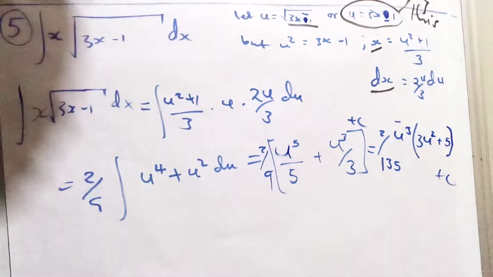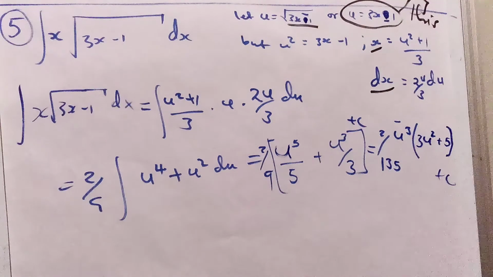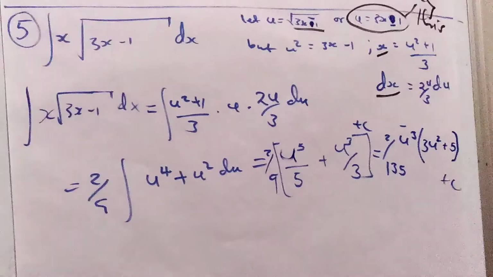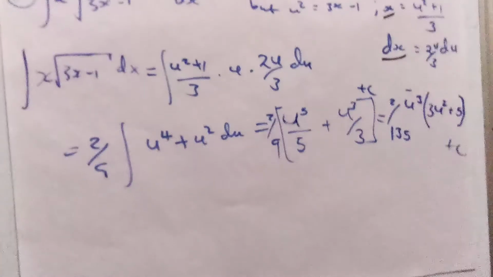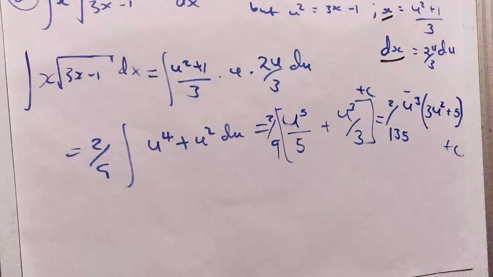Then plus your constant. From then on, we can just substitute back our u. U is the square root of 3x minus 1, which means where we have u squared, we put 3x minus 1. It sounds nice.